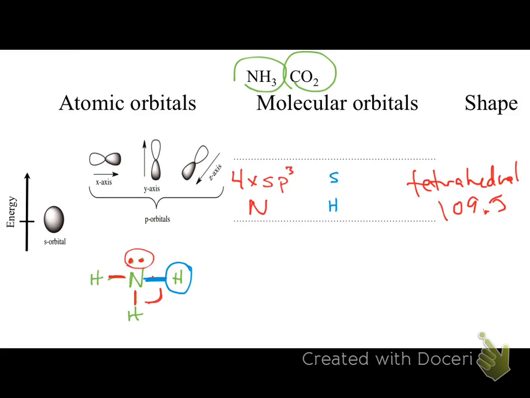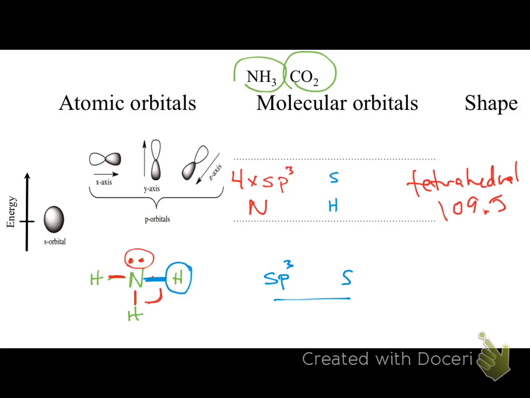What atoms are contributing to that bond? Nitrogen and hydrogen. What are the orbitals on nitrogen? sp3. What are the orbitals on hydrogen? S. What orbitals made the bond that connects those? An sp3 and an s orbital.